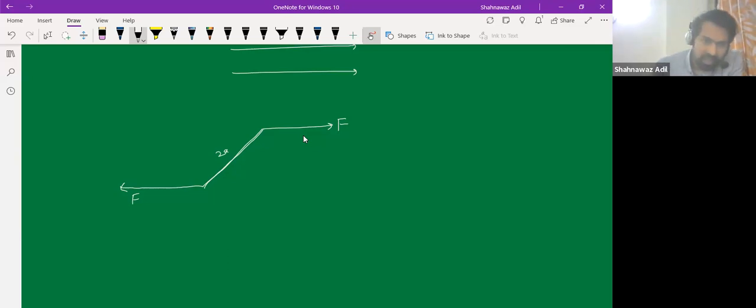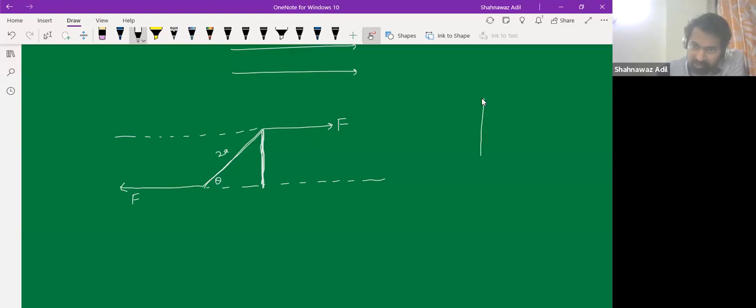This is the line of action, and we have to find out the perpendicular distance between them. So this is the perpendicular distance. How much would this be?